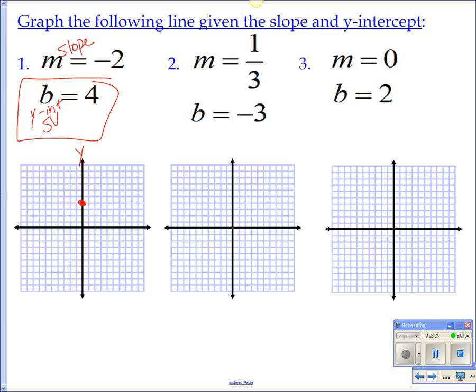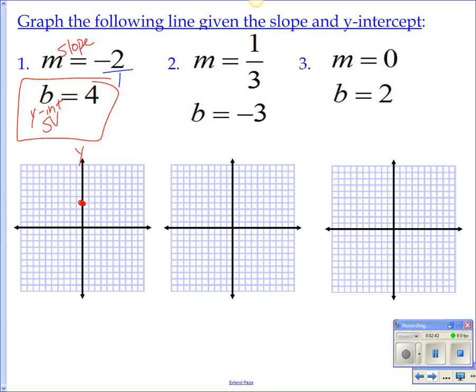Do your best. Next, we're going to do the slope. You always want to make slope a fraction. So underneath -2, put a 1. You're going to start here because this is your starting value.